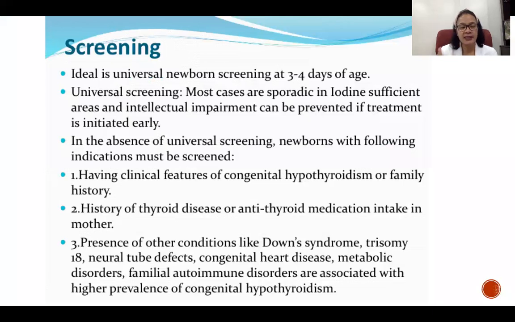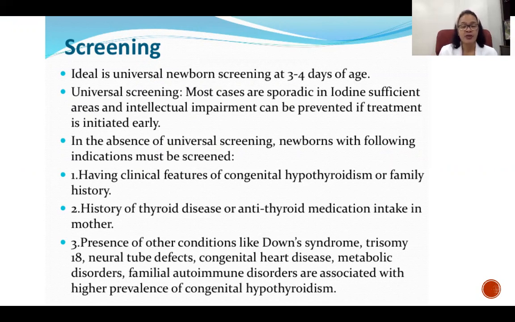So ideally, all newborns must be screened before they are discharged from the hospital. In our hospital, our practice is we do the newborn screening after 24 hours of life.